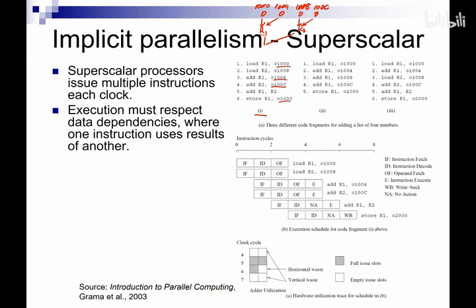One example of this would be the second piece of code over here. This piece of code does the same thing as the first piece of code, in that it is also adding together these four values at 1000, 1004, and these different addresses. However, it's doing these in a different order.